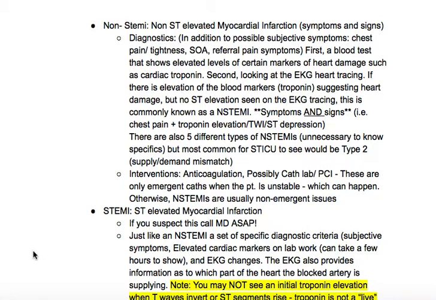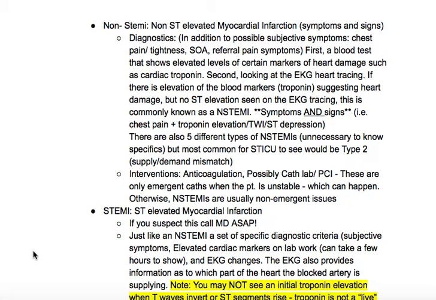So just chest pain, other subjective symptoms that the patient is experiencing, but no elevated cardiac markers, no EKG changes. When you come down to STEMIs and non-STEMIs, there are both signs and symptoms. So the patient is probably having that chest discomfort, chest tightness, shortness of air, possible referral pain symptoms, in addition to having EKG changes and eventually elevated cardiac markers.